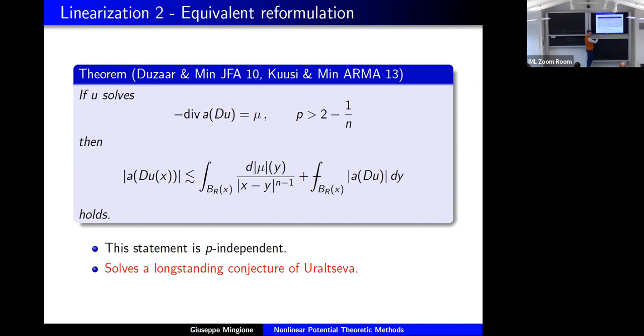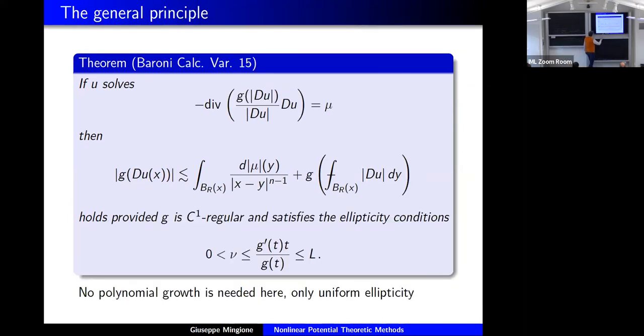But once you have this, all possible gradient estimates on the P-Laplacian operators are implied by this one, because you have a fundamental solution now. Okay, let me go on. This is a general fact because it's really linked to the divergence form in this case, but it's even more general.